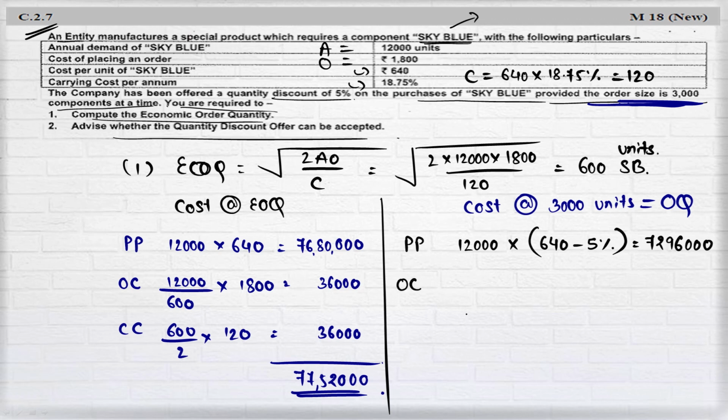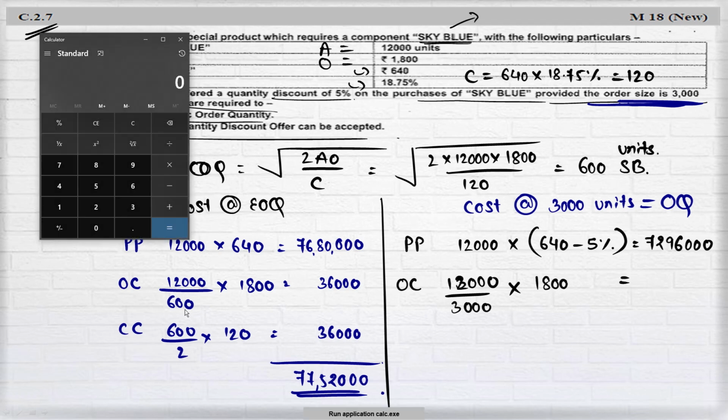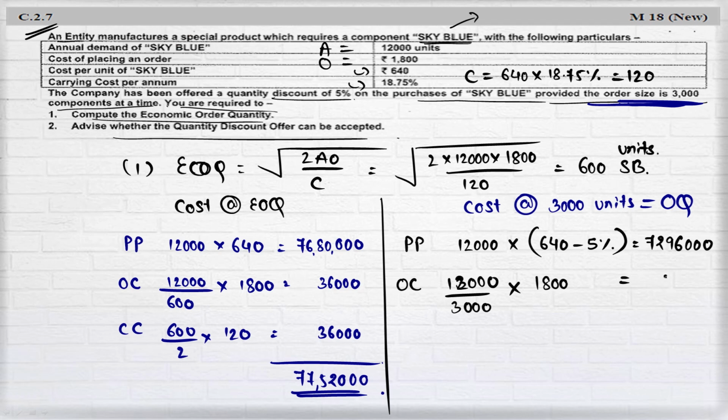Your ordering cost then would be 12,000 divided by 3,000, so your number of orders would decrease to 4, multiplied by 1800. That is 7,200. Your ordering cost is going to reduce, and your carrying cost is going to increase.